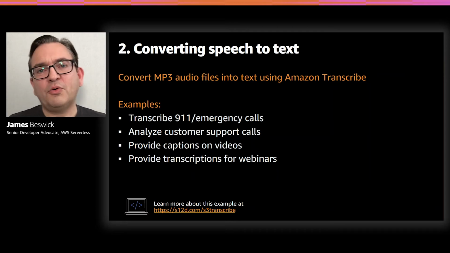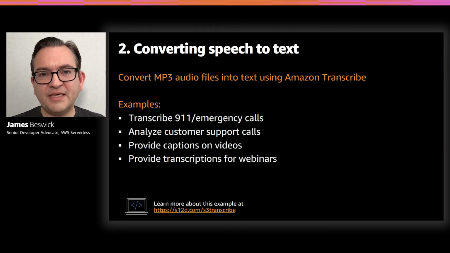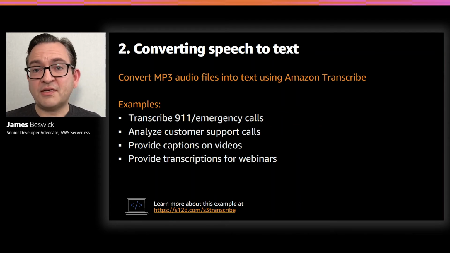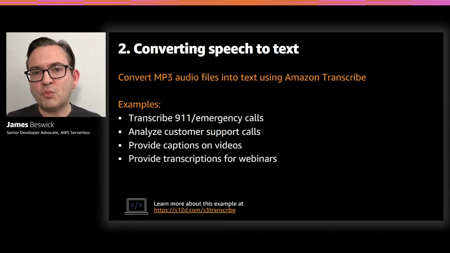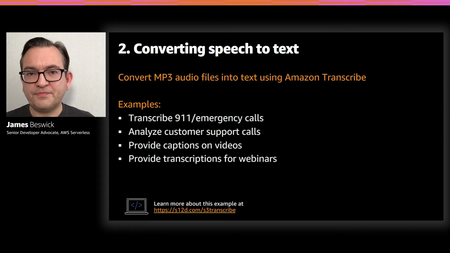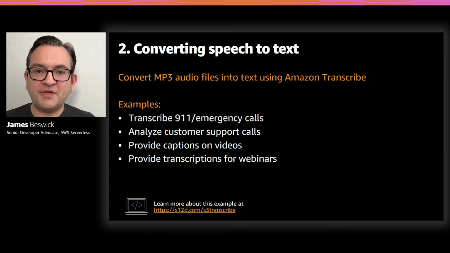In the second example, I show you how you can build an application that converts speech to text. This converts MP3 audio files using Amazon Transcribe. For example, you could use this to transcribe 911 or emergency calls, or analyze customer support calls. You could also provide captions on videos or provide transcriptions for webinars.